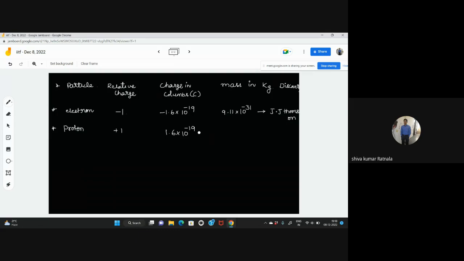It is the same, only the sign changes. And mass of proton you can write as 1.67 into 10 to the power of -27 kg. Mass of proton and neutron are the same. And proton was discovered by Goldstein.